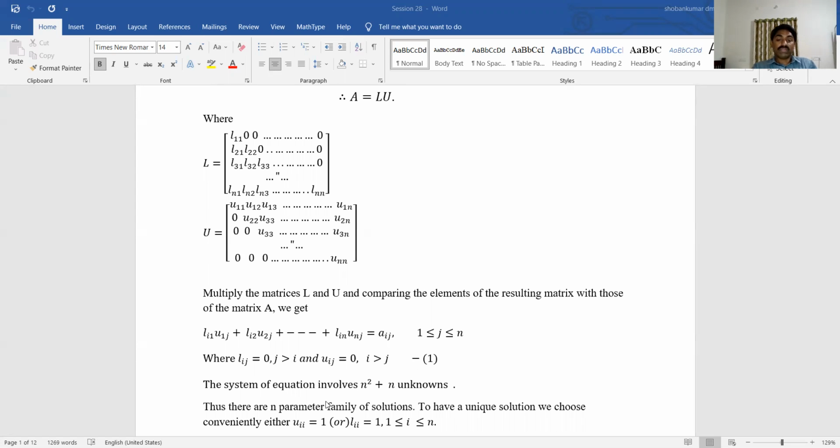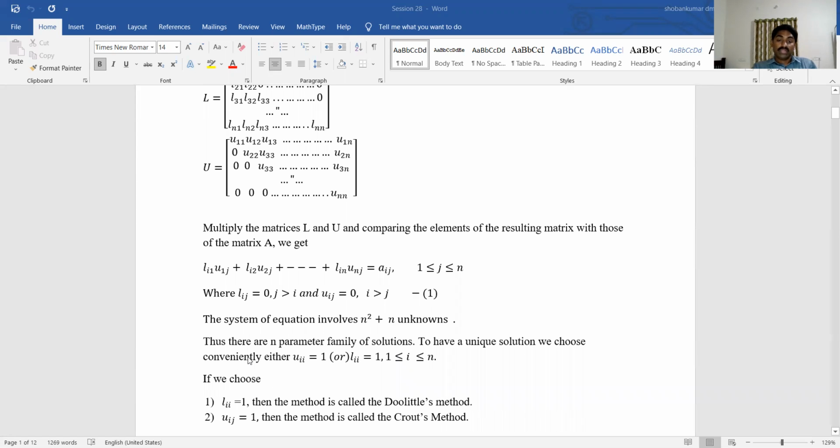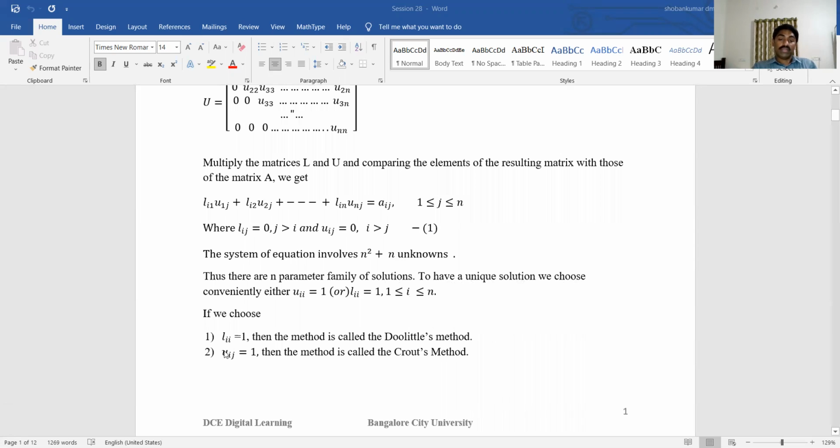The system of equations involves n squared plus n unknowns. Thus, there is an n-parameter family of solutions. To have a unique solution, we choose conveniently either Uii is equal to 1 or Lii is equal to 1, where i varies from 1 to n. If we choose Lii is equal to 1, then the method is called Doolittle method.